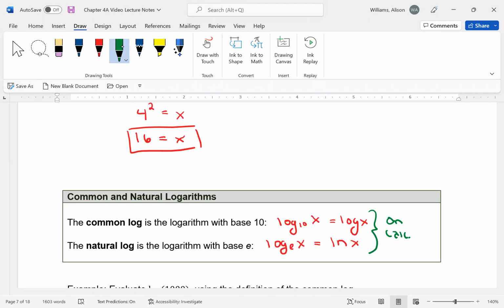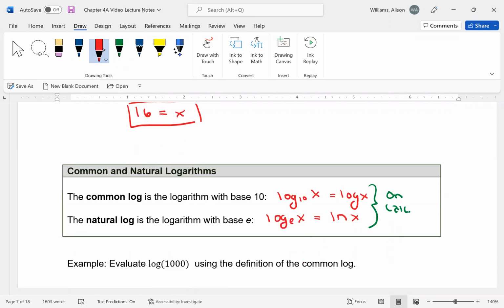They're just that frequently used. Now, the common log base 10 makes sense because our number system is base 10. So it makes sense that that one's so popular. But as I mentioned when we talked about it, e is a number that occurs in nature. It's something that was discovered from studying growth in populations in nature. And that's why it's called the natural logarithm. And it's used frequently, especially in science, which deals directly with what happens in nature. So those two logarithms are special and have special names and special notations.